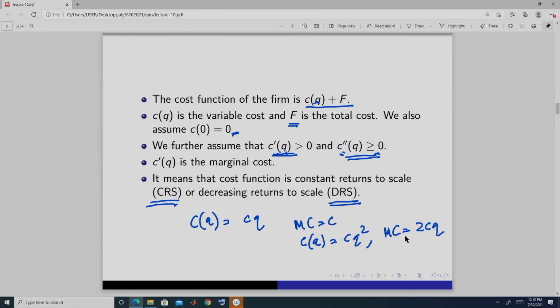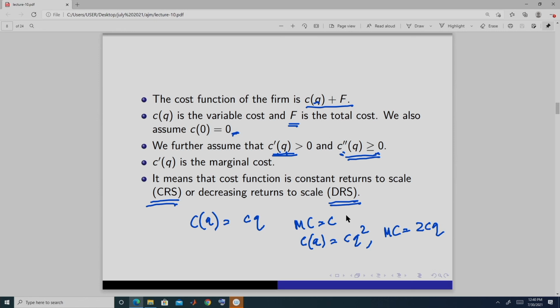These are the examples of marginal cost, and we get this when we have CRS or DRS, and also when one of the factors is fixed and the other is variable, like capital is fixed and labor is variable. Due to the operation of the law of diminishing marginal product, we get an upward sloping marginal cost function.